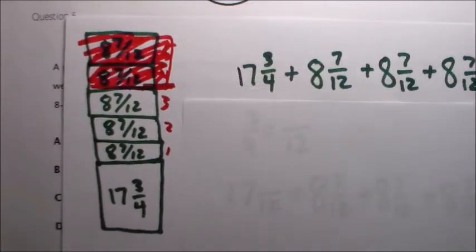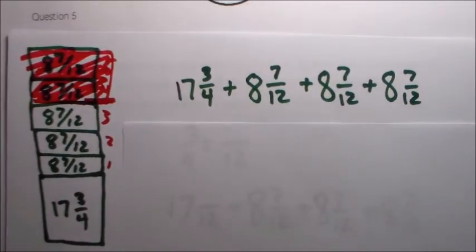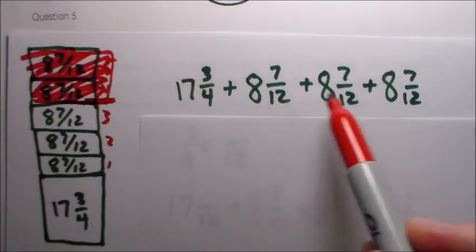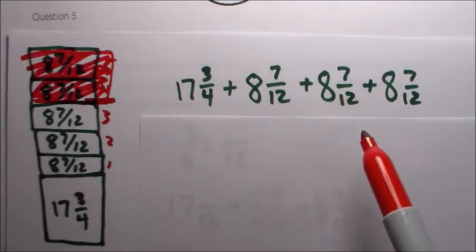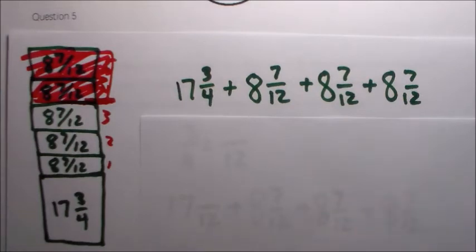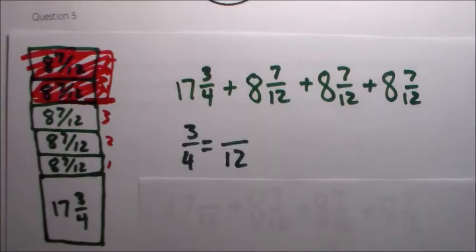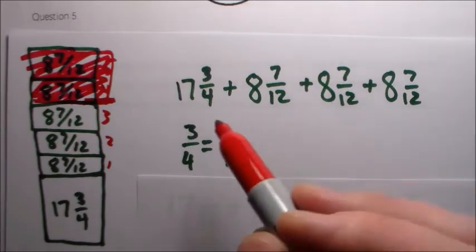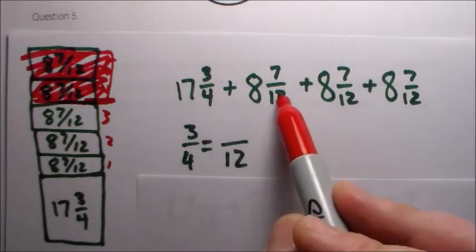Okay, so let's think of it this way. We have 17 3/4 plus 8 7/12, 3 times, right? You can think of this as 8 7/12 times 3 if you want, or you can just add it like I'm going to do. First, if we're going to add it all up, we need a common denominator because we cannot add fourths and twelfths.